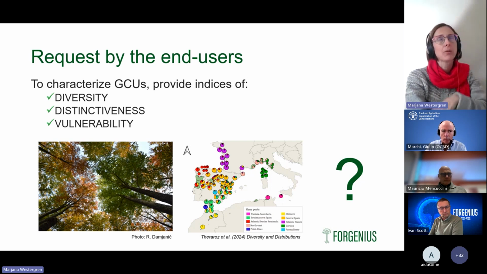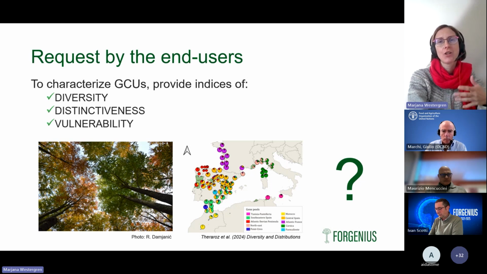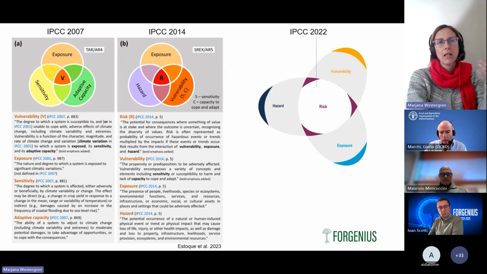And people from different groups, for example geneticists, ecophysiologists or modelers, look at vulnerability in slightly different ways. So we looked at how vulnerability is described. The main source was actually the IPCC reports, and here you can see that it differs between different reports.